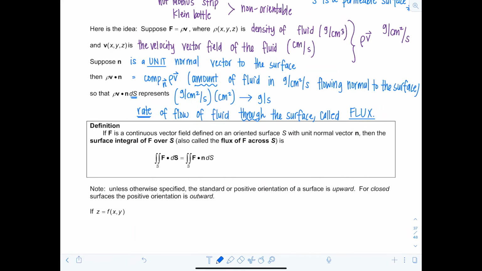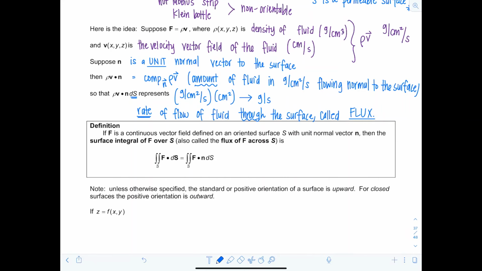Beautiful. So if F is a continuous vector field defined on an oriented surface S with unit normal vector n, then the surface integral of F over S, which is also called the flux of F across S, is given by the following surface integral.